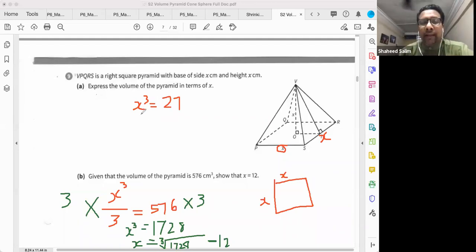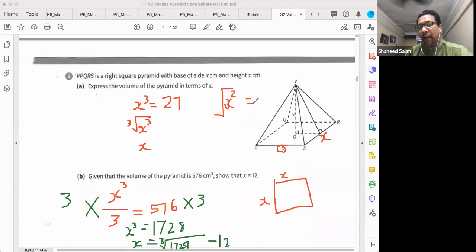How to find x? The only way to find x is to cube root this. When you cube root the x cubed, what happens? This thing disappears, it becomes x. Same thing, when you have a square down here, how to get rid of the square? You square root it.